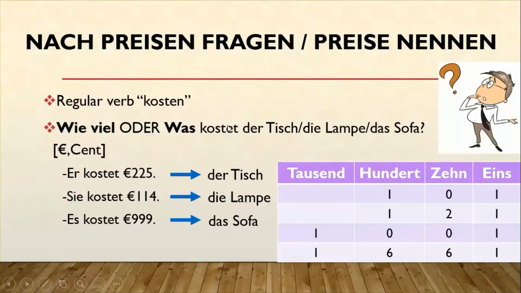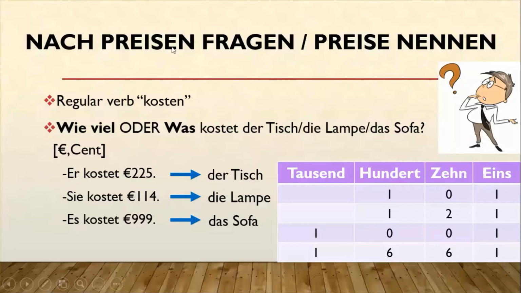Now note that the verb that will be used when asking and talking about prices is a regular verb in the German language, which is kosten, and it will be used in the third person singular. So for example, when we ask about prices, it is in German nach Preisen fragen.